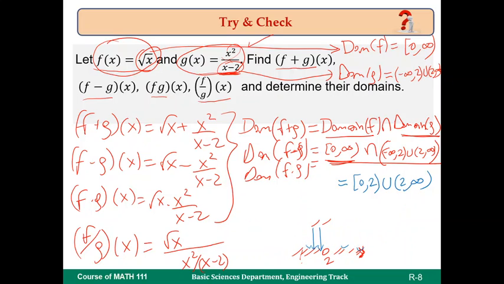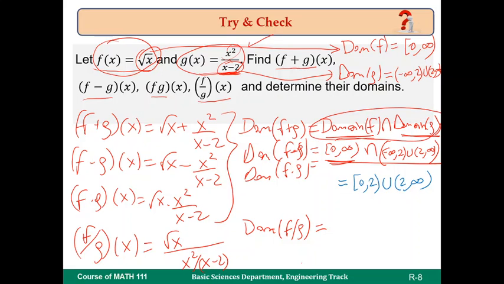When it comes to the domain of f over g, we take this domain, domain of f intersection domain of g, which is this one here, and then we remove the point which makes g of x equal to 0.